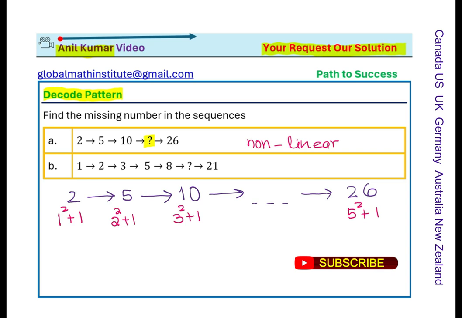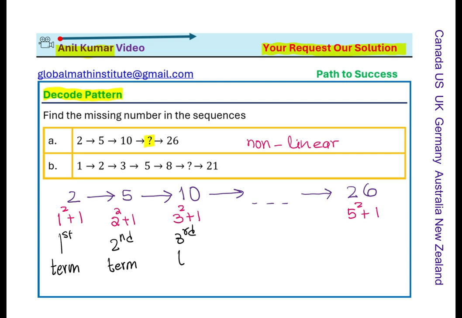So in this sequence, 2 is your first term, right? So let me write down here, first term. And this is the second term, correct? Then we have the third term. So every position is given by the term number, and the value of the third term is 10.